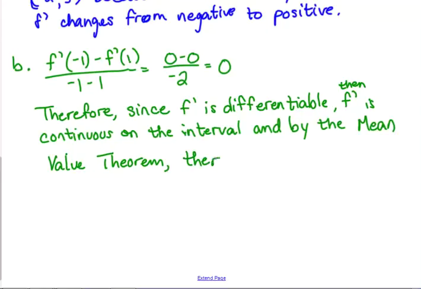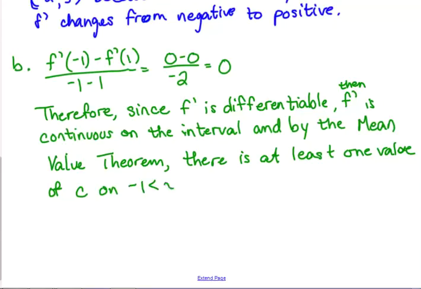There is at least one value of c on -1 < x < 1 for which f''(c) = 0.